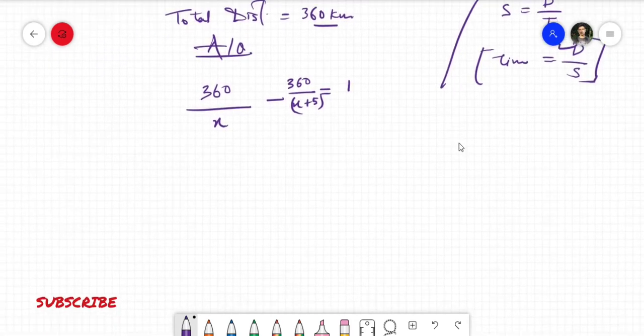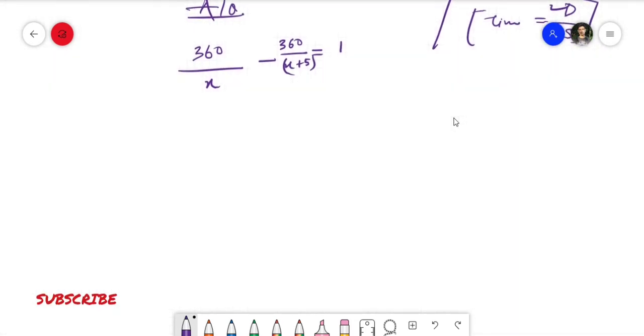From now on, I don't need the question. You can do it from here. You see, 360 by x minus 360 by x plus 5. If such a thing happens in any type of question, whenever fractions are there, we have to take the LCM. So there is no number, so we have to write the whole denominator, from both sides. Now we'll divide by x and this one.